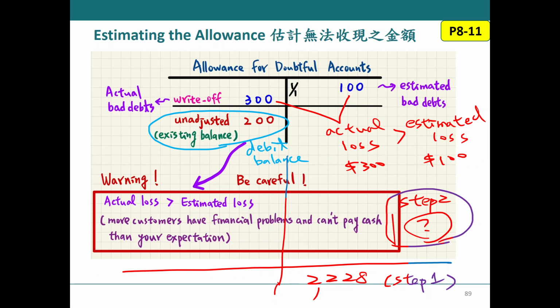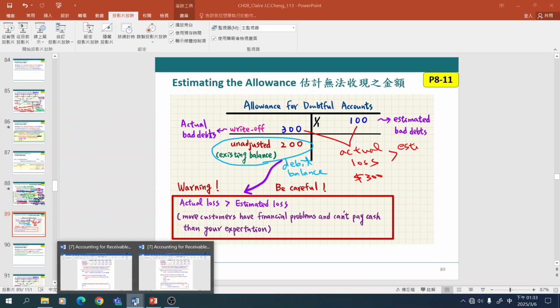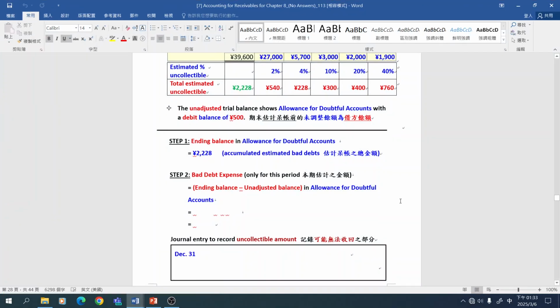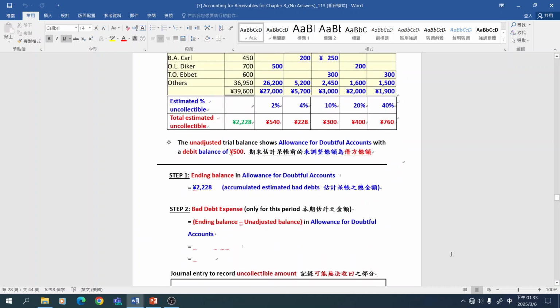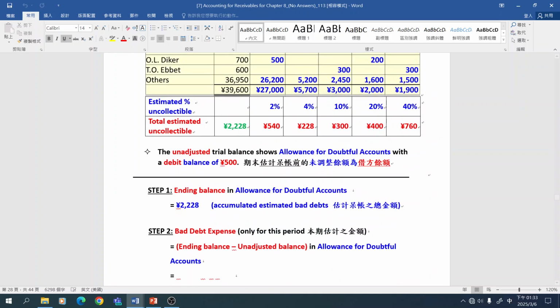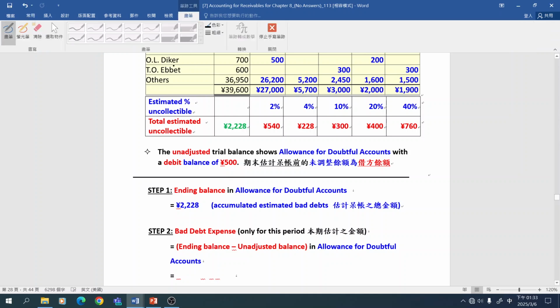We talk about the rare special case. So on your note, page 28, did you find it here? Here it tells you there is a debit balance. Debit balance $500 for your unadjusted.